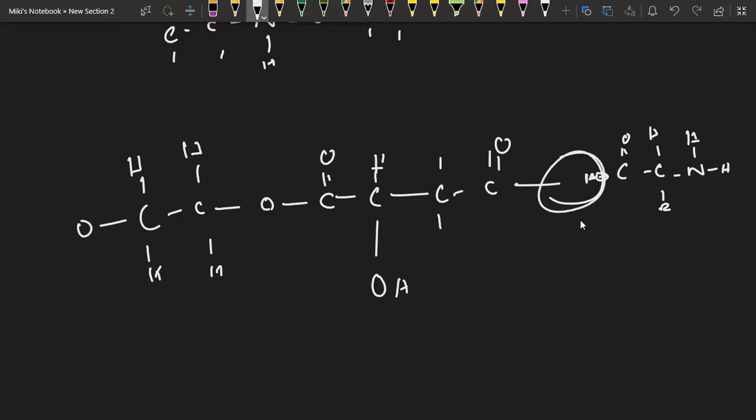Now this one will react with this one as well, isn't it? I mean, sorry, if this is the other case, the other way around. Let's say there we have N on the left side, NH. Okay, now this looks fine. Then this amine can actually form a bond with this carbon, isn't it?